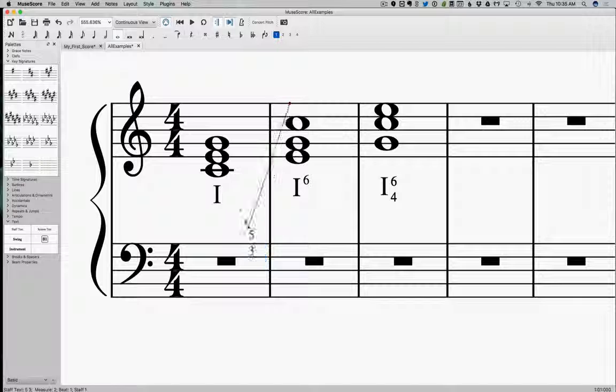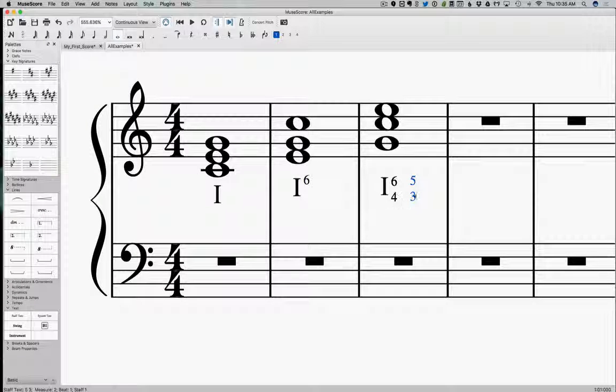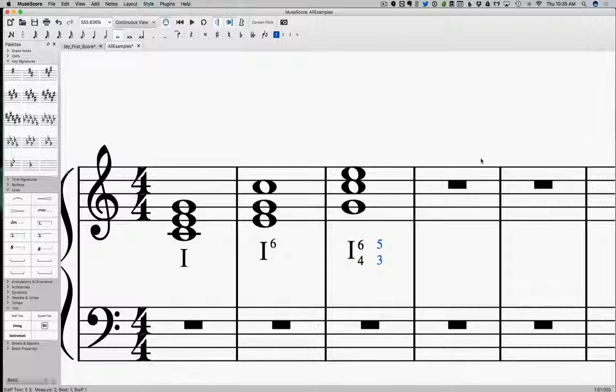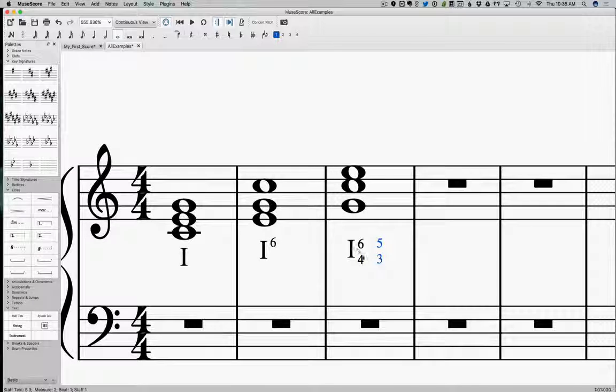But sometimes you might see a 5-3 in a case like this. Okay, sometimes you might see something like this. What that means is that we have a 6-4 chord that is going to then move to a 5-3.